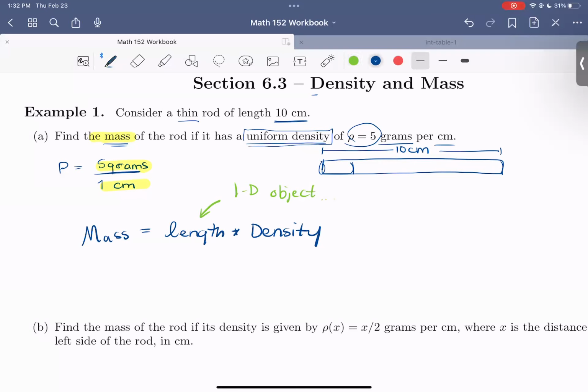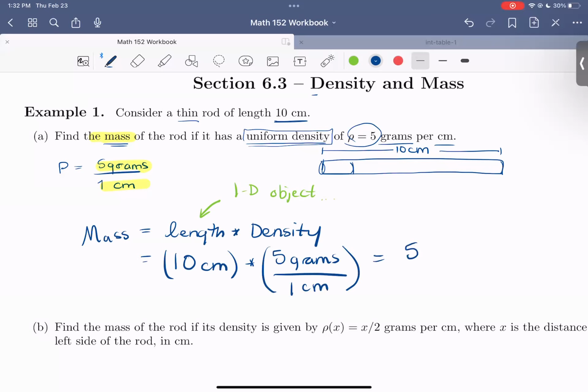For us, our length is 10 centimeters, and our density is 5 grams per each centimeter. So our total mass is going to be 10 times 5 over 1, which is 50. We see here that the centimeters cancel, and so our units are grams, which is a mass unit. Okay, cool, not so bad.